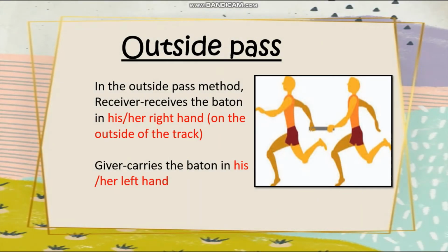Outside pass. In the outside pass method, the receiver receives the baton in his or her right hand on the outside of the track. The giver carries the baton in his or her left hand.